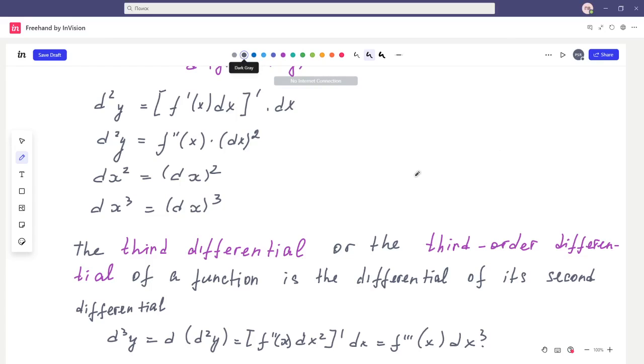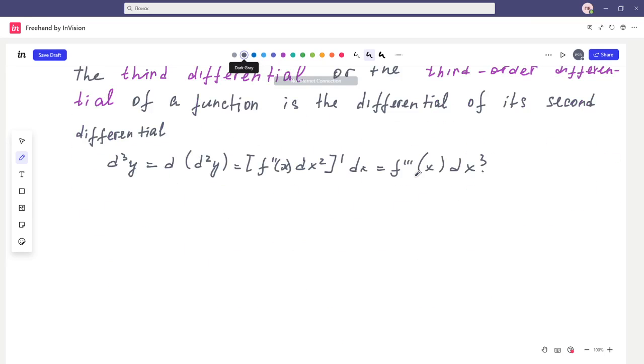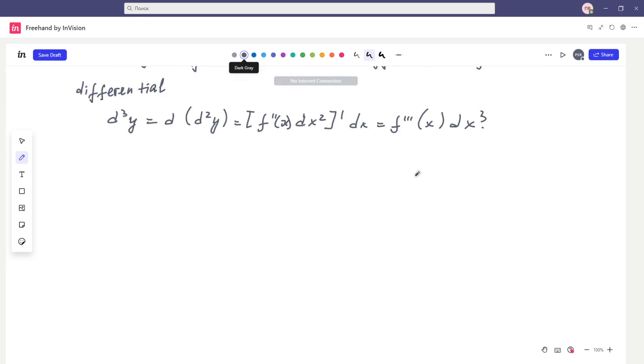Generally, the nth differential is the first differential of a differential of the n minus 1th order.